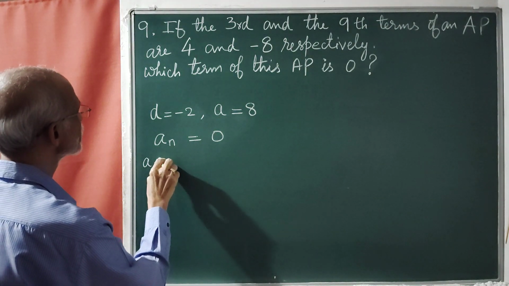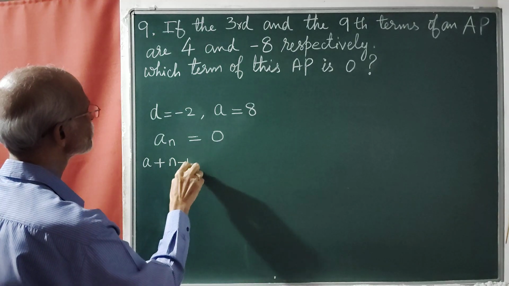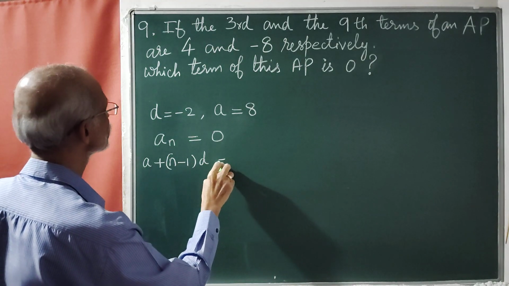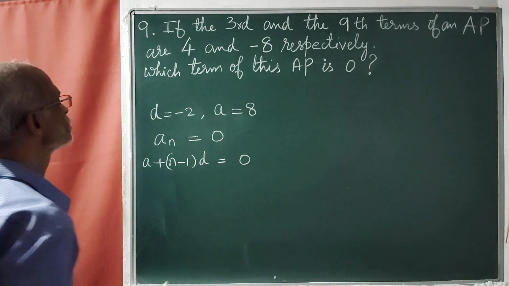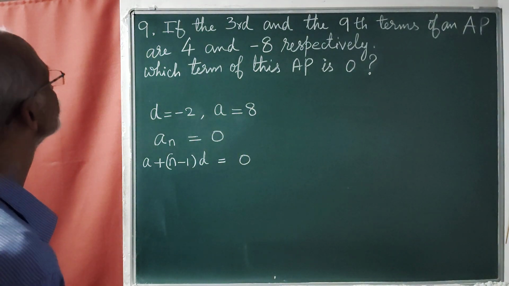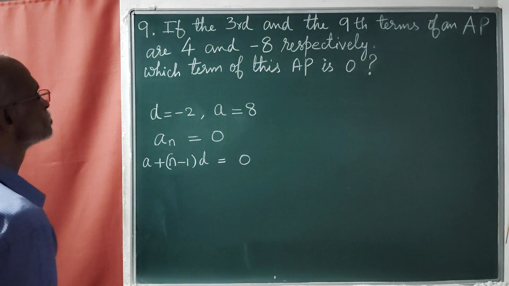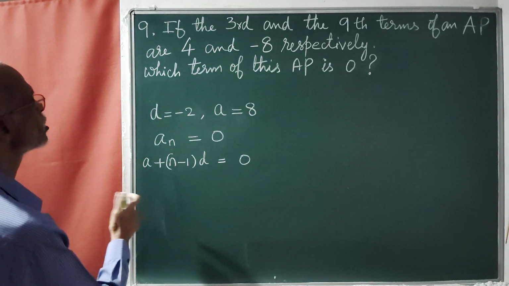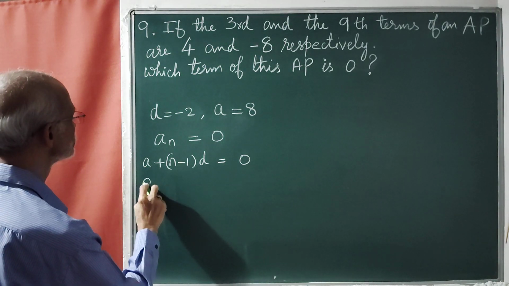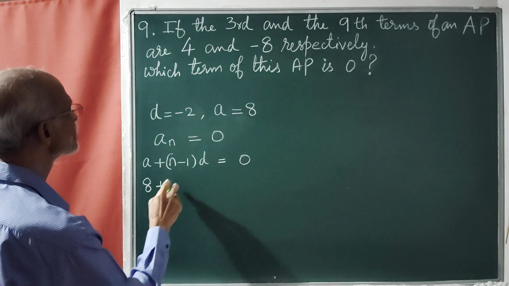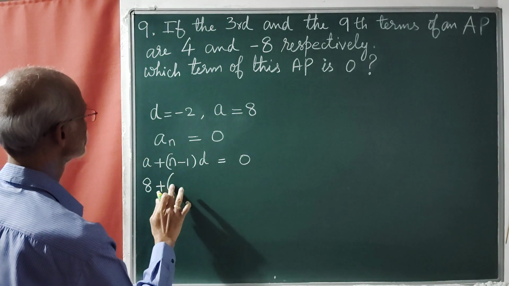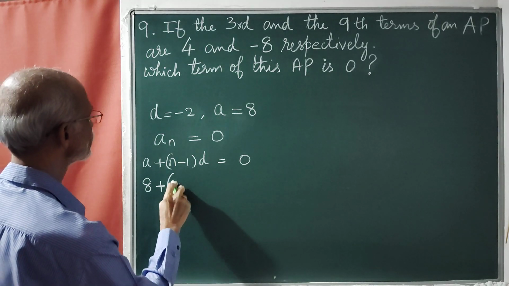So A plus n minus 1 into D is equal to 0. So value of A is 8 plus n minus 1 into D, D is minus 2.